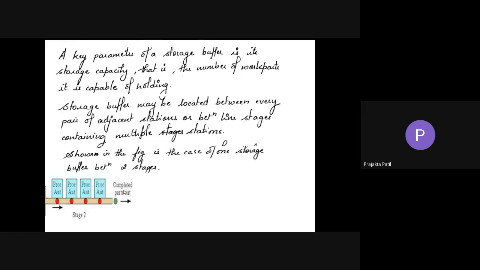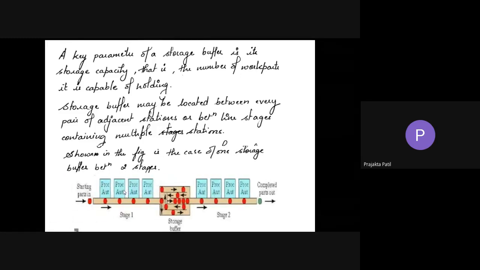Here is a diagram which shows a buffer storage, one storage in between 2 stages. As I said, this is one stage which has a number of workstations lined up here. Likewise, you have them here also. So this is stage 1. It can have any number of workstations. Here they have taken 4 workstations.